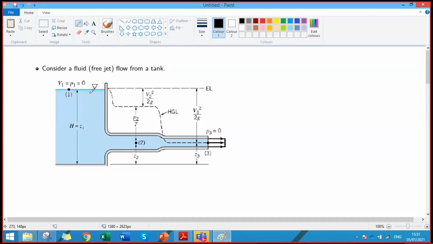At point 1, there is no flow, so the only head is the hydrostatic head, that is Z1. So this is the hydraulic grade line as well as the energy grade line, and we know that the energy grade line will always remain horizontal because it represents the total head, and we know the total head is H. So we draw a horizontal line representing the energy grade line, EGL, right? Energy line or the energy grade line.